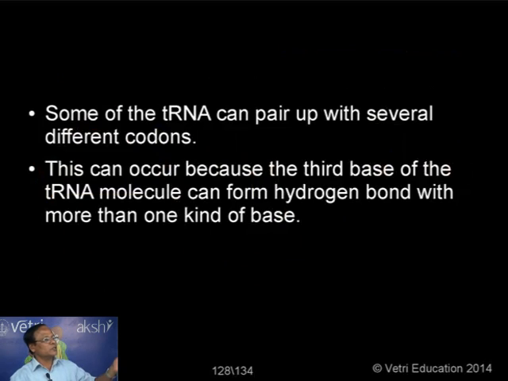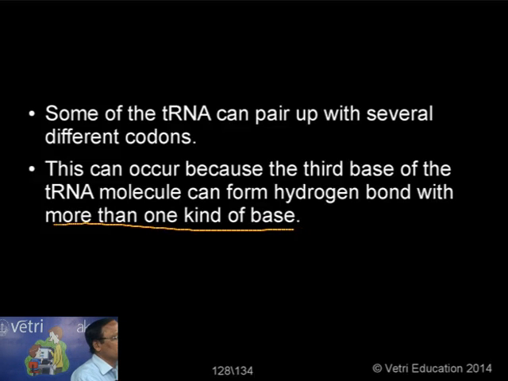I mentioned already that some tRNA can pair up with several different codons. This is possible because the third base of the anticodon can form hydrogen bonds with more than one kind of base of a codon.